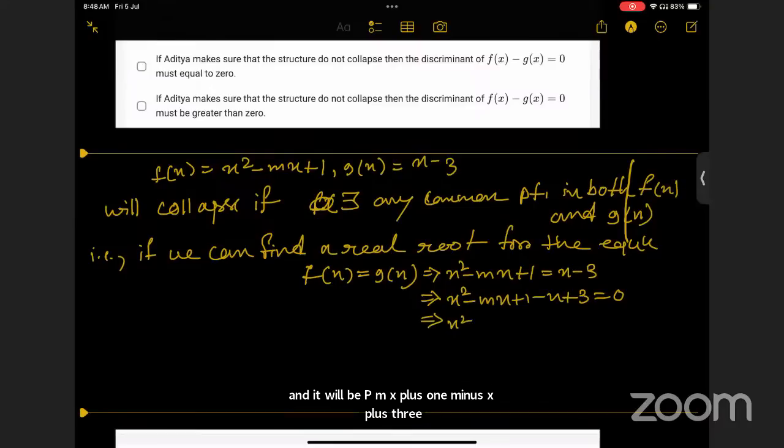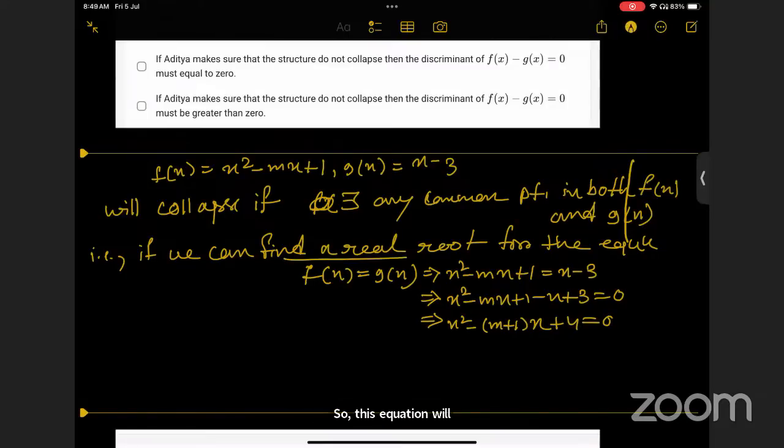So x squared minus (m plus 1)x plus 4. So this equation we have, right? So we have to find the condition such that this equation has no real root. That means the discriminant should be less than 0, right? For this equation, the discriminant should be less than 0, right?